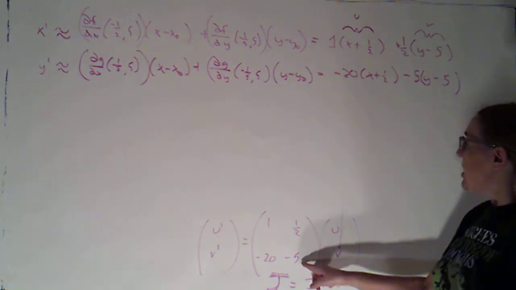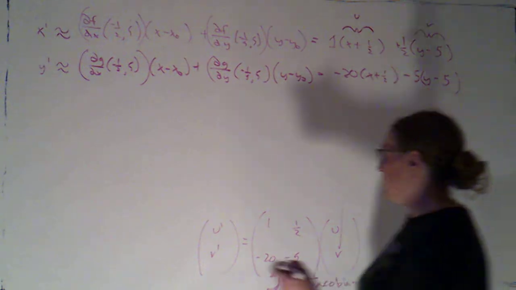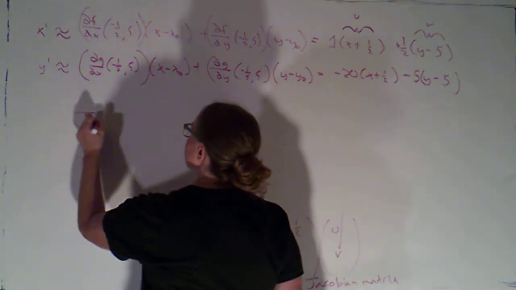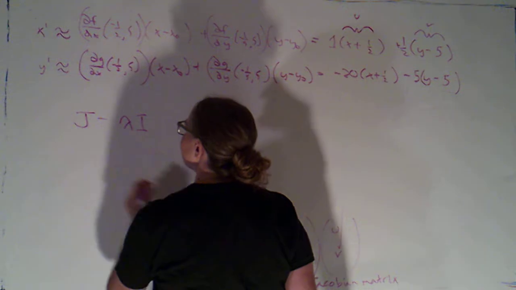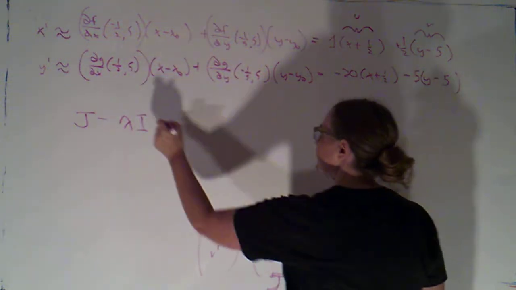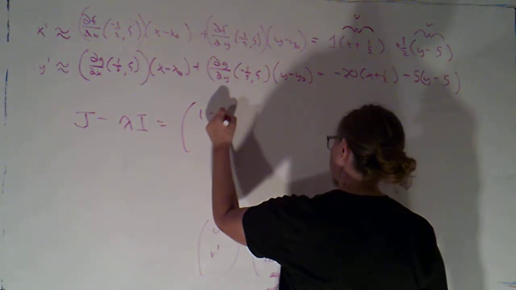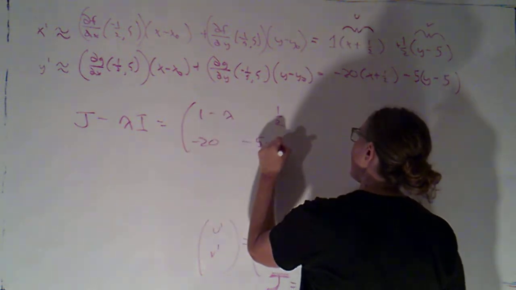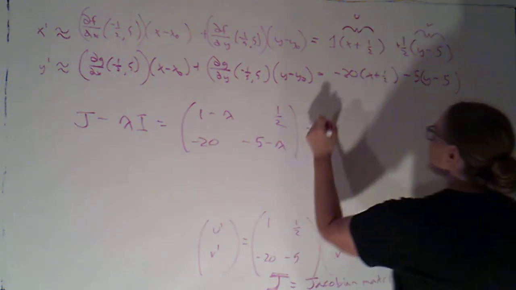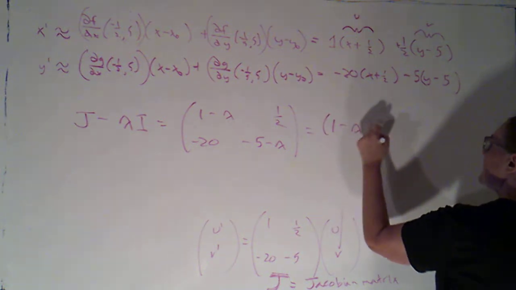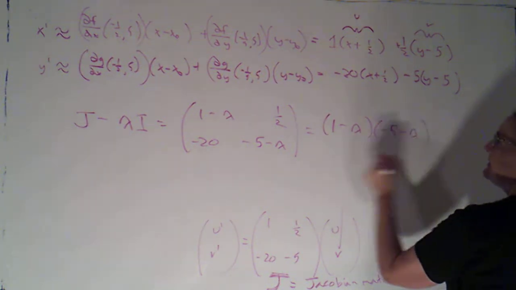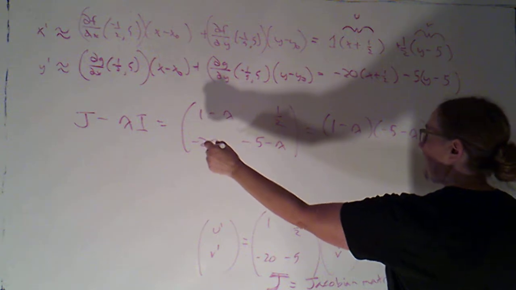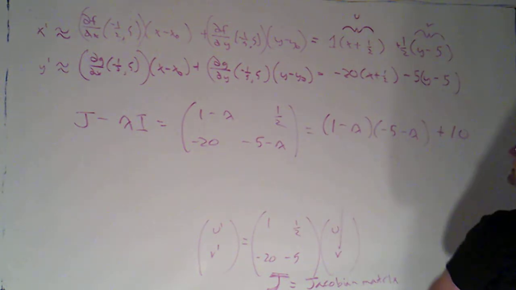If I want to take a look at this, I'm going to take a look at J minus lambda I. So J minus lambda I would be 1 minus lambda, 1/2, -20, -5 minus lambda. That's going to be 1 minus lambda times -5 minus lambda, minus a negative, so plus 10.